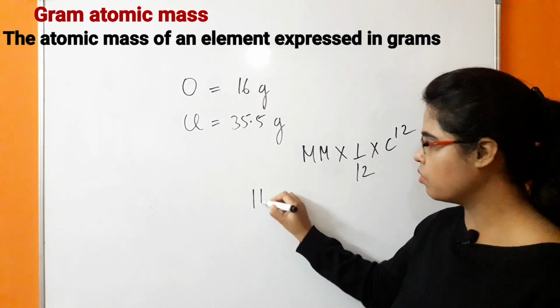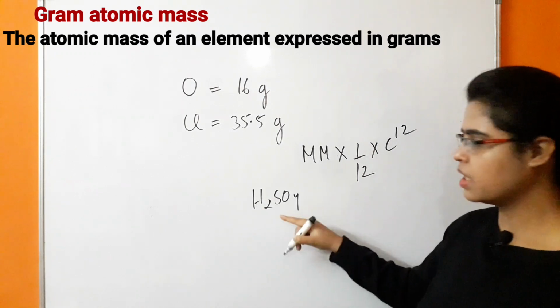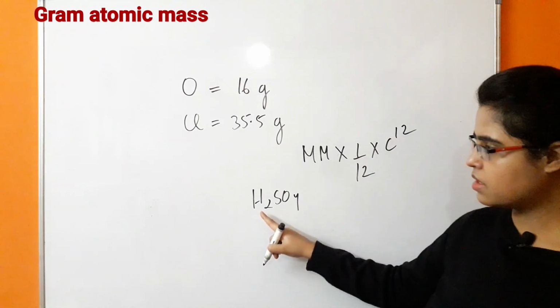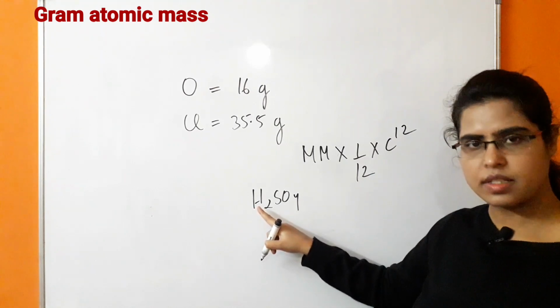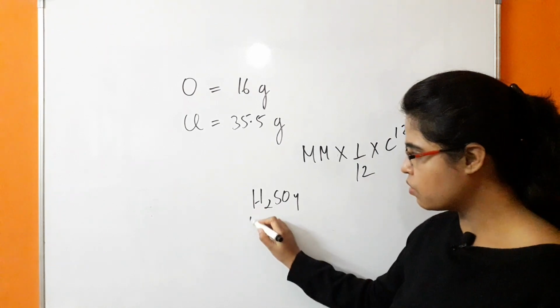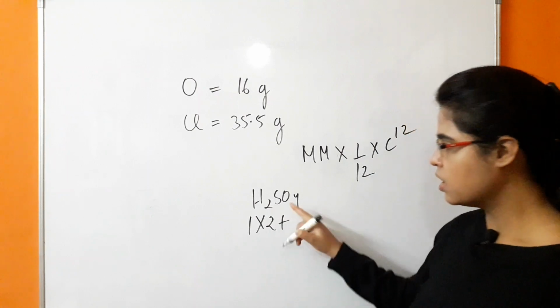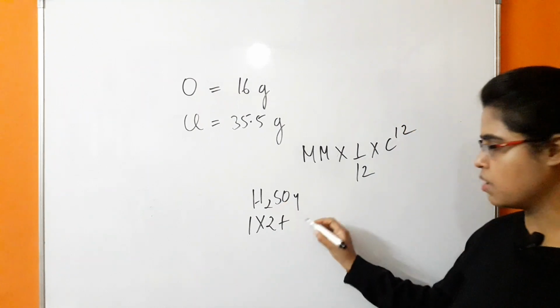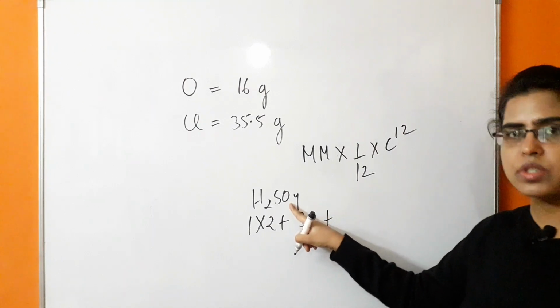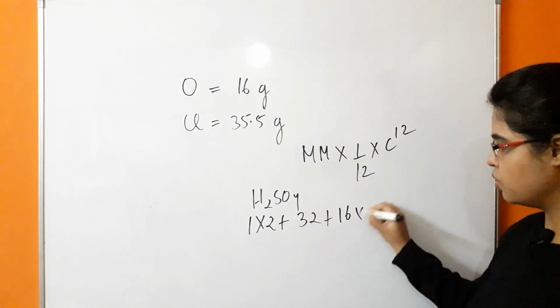For example, in the case of H2SO4, molecular mass is determined. What will be the molecular mass? A single atom of hydrogen has mass 1, and there are two atoms, so 1 into 2. A single atom of sulfur has mass 32, and oxygen atoms are 4, so 16 into 4.